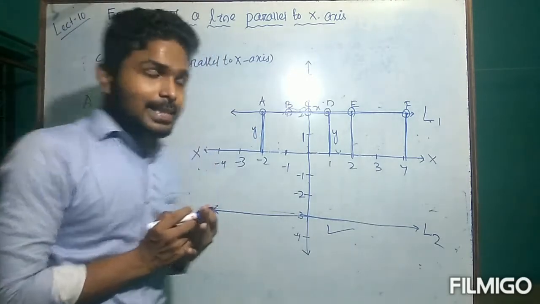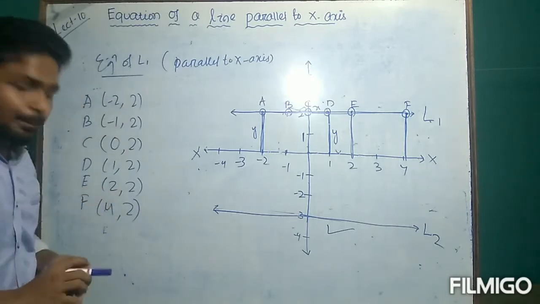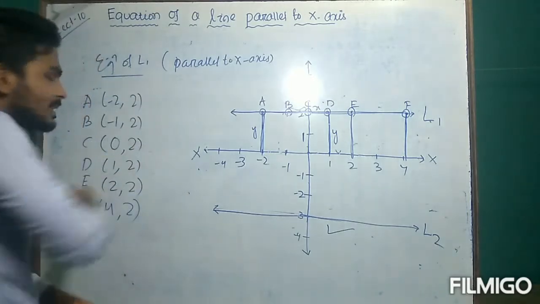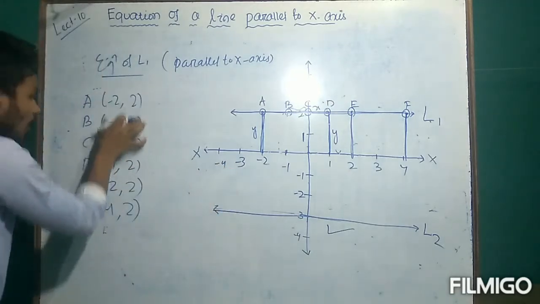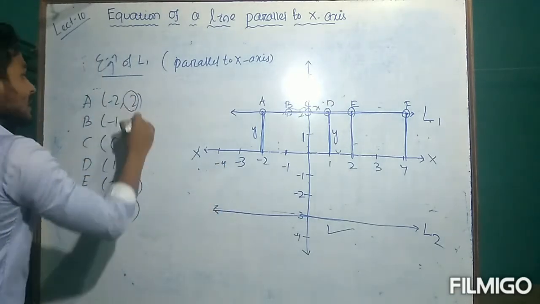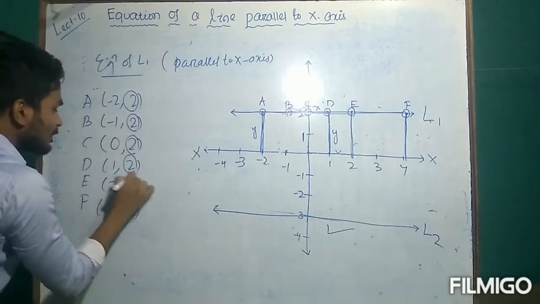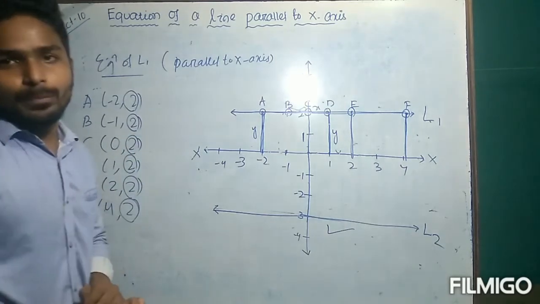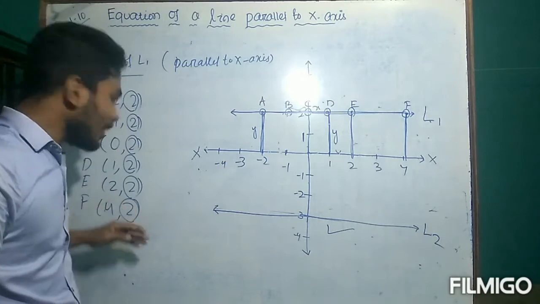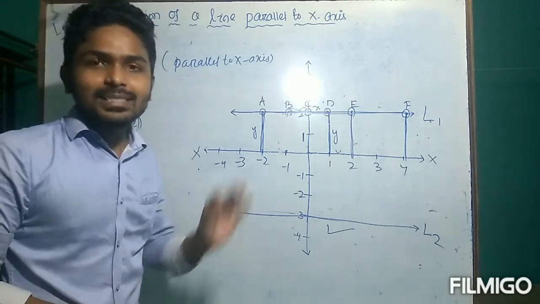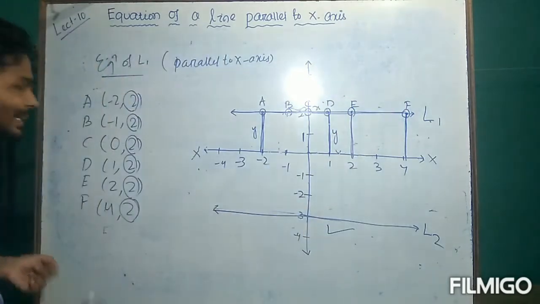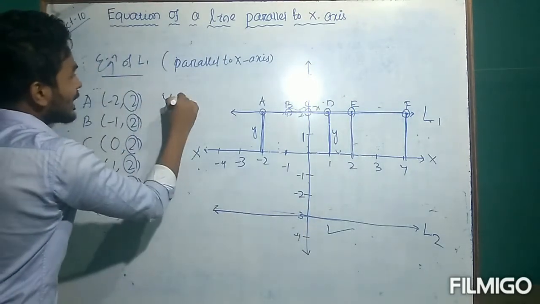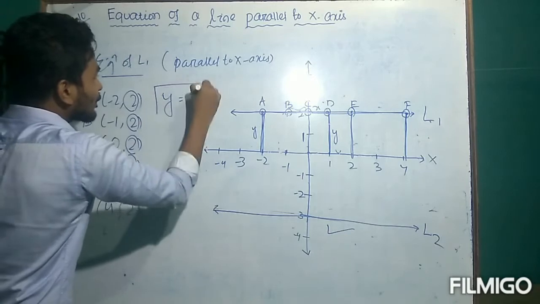Now can you find the similarity among all these 6 points? Yes, there is a similarity. For all these points you can see the y-coordinate is fixed, that is 2. Hence the equation of this line is y is equal to 2.